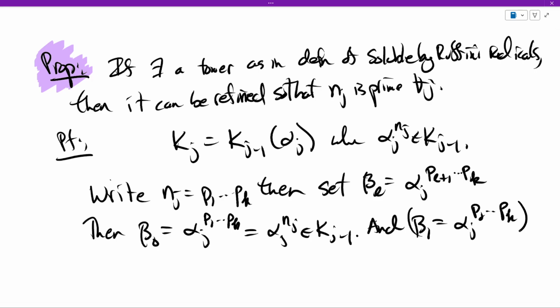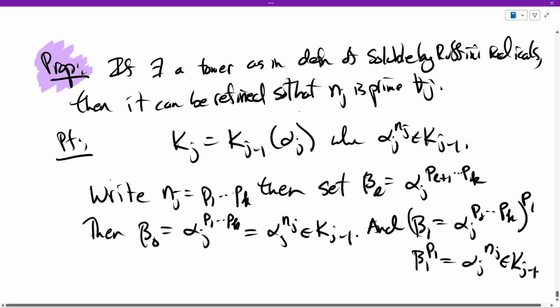If we raise both sides to the p1 power, p1 being a prime, then beta 1 to the p1 is alpha j to the product of all the primes. Okay, so that's in the previous one, so it's alpha j to the nj.